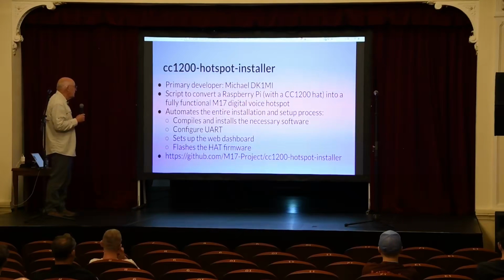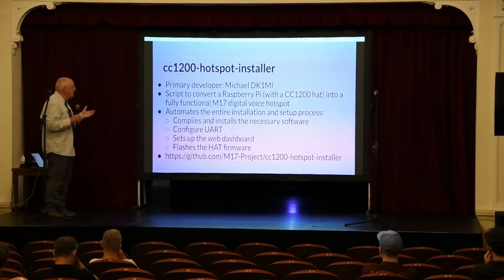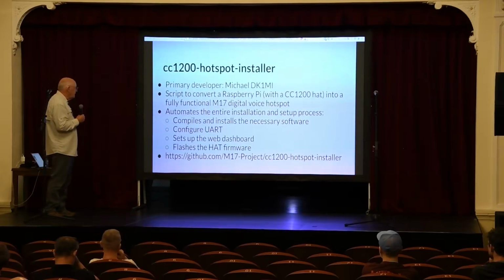It's basically just a script. You download the script onto your Pi, just a new install on the Raspberry Pi with the CC1200 connected to it, and it will automate the entire installation and setup process.